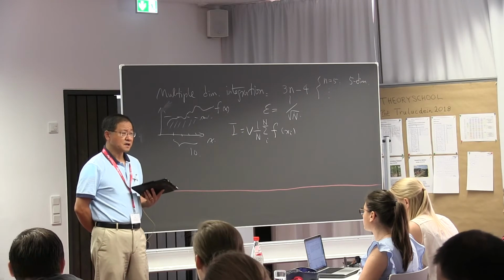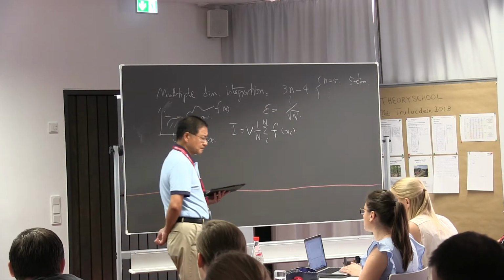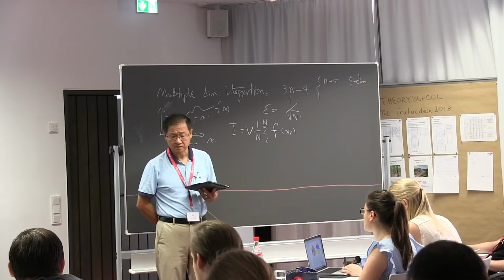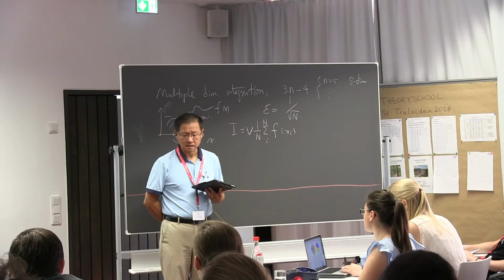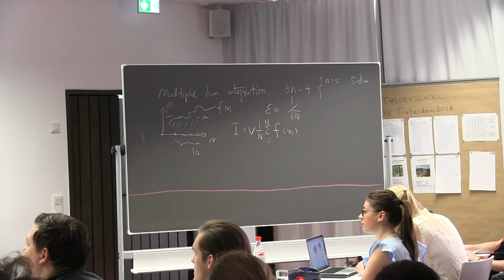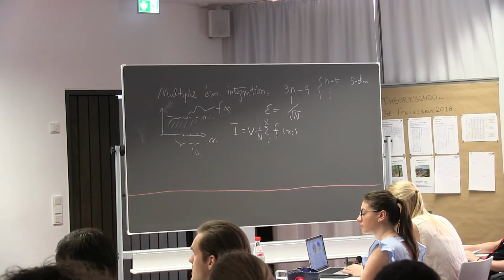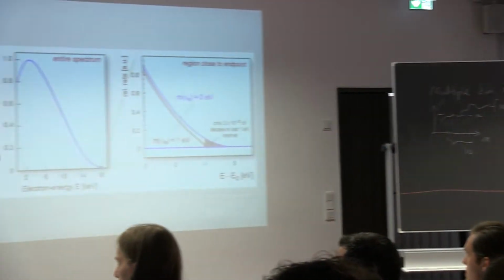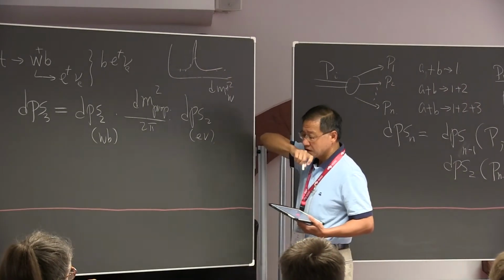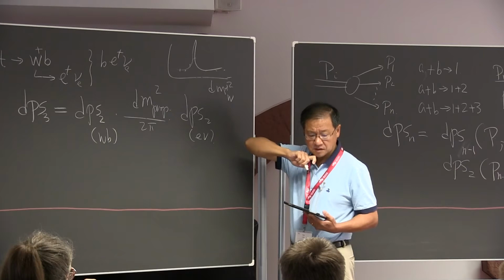Vegas is the powerful simulation package that many of you must have used. It was written by Peter Lepage, and he took this approach. In the first set, he would calculate these random shots, and a few of them land somewhere a little bit higher than the others. You won't be lucky enough to hit the top there.